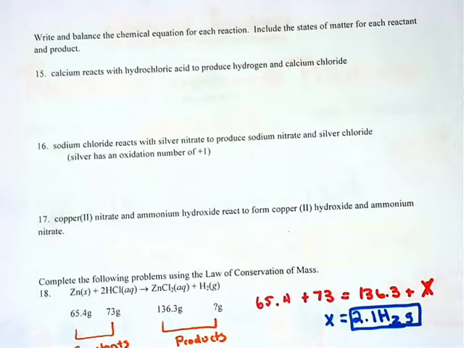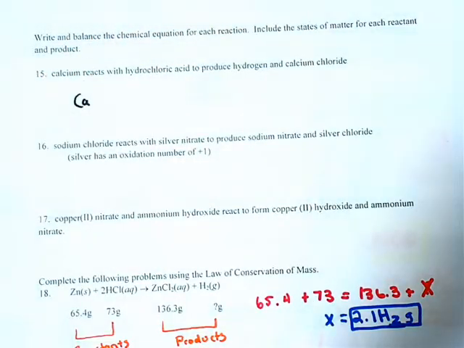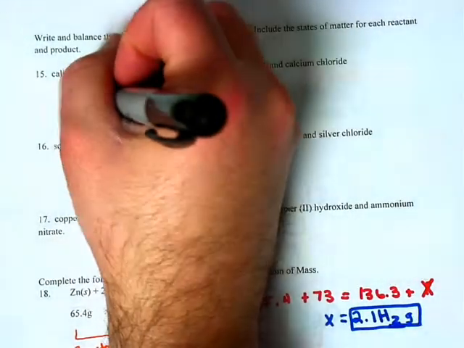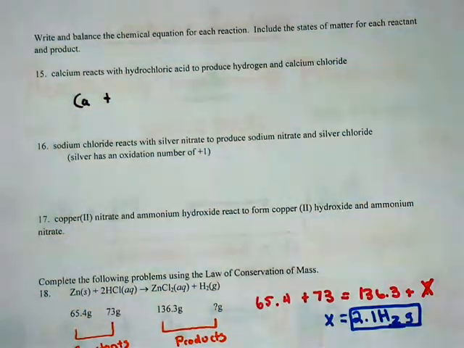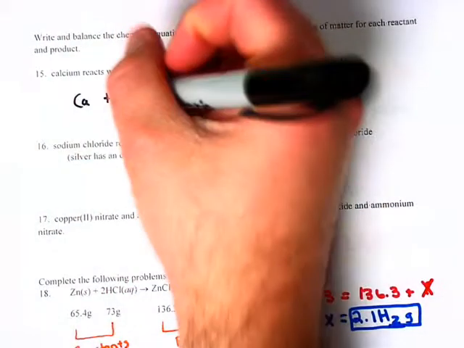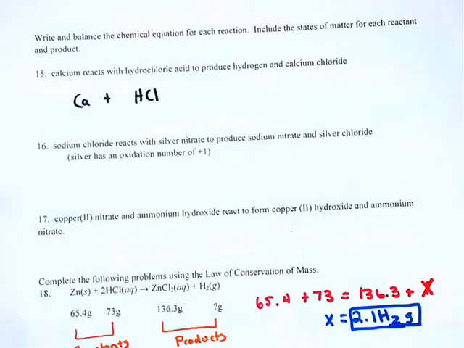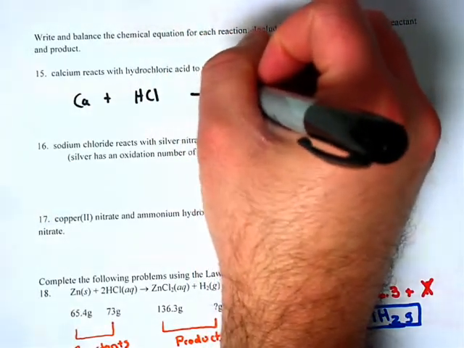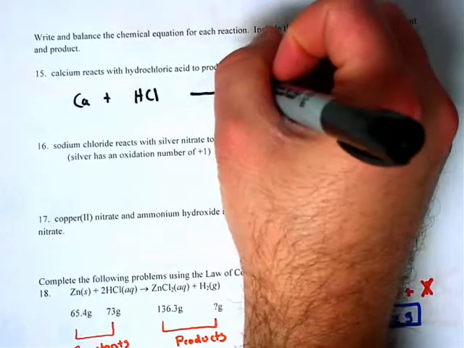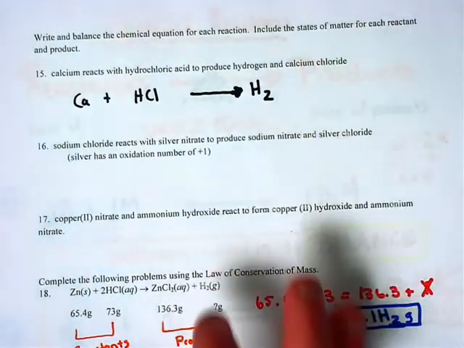Tell me, calcium, what is that? Ca. That's not a problem. Reacts with, that's going to be plus. Hydrochloric acid, what's that? So that would just be HCl. To produce hydrogen. Now I'll give you a little hint on this, and we'll talk about why this is the case more so tomorrow. But hydrogen is going to be H2, and I'll talk tomorrow about why there's a 2 there.